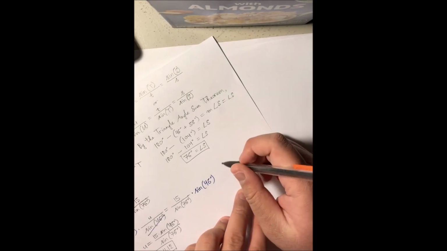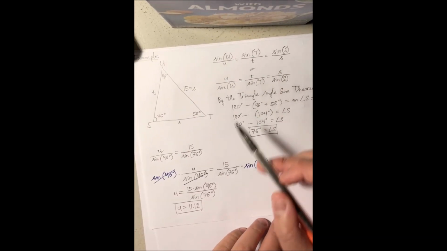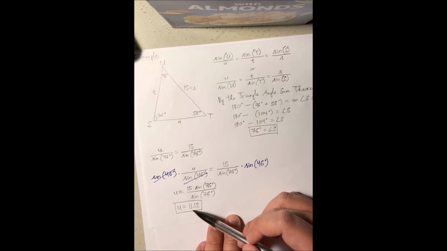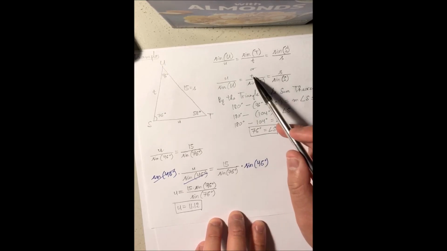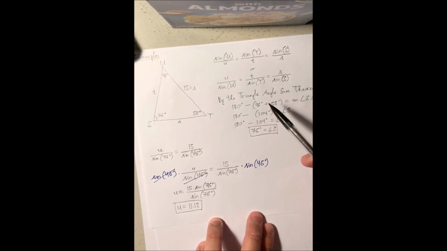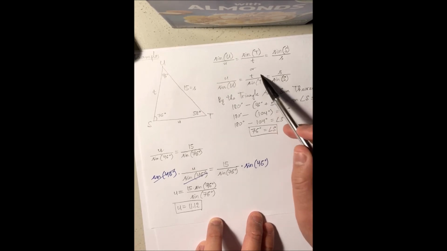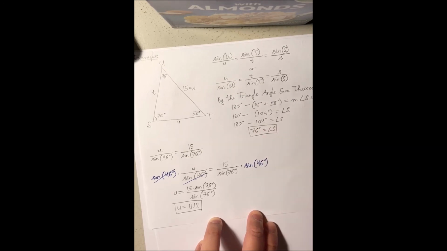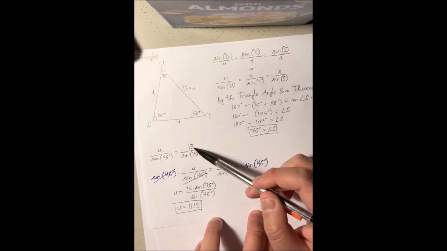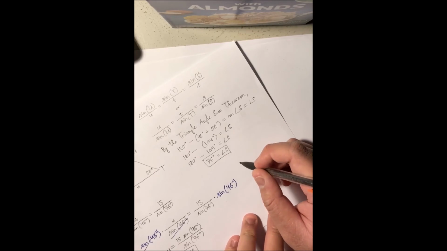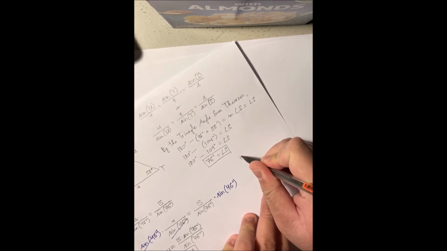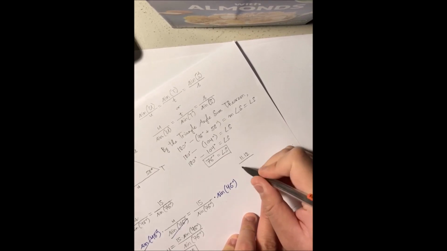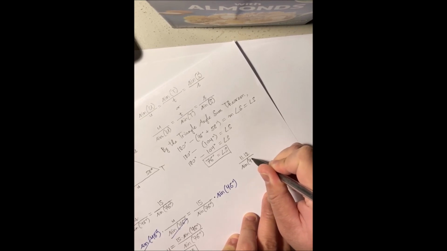Now what about the lowercase t? Well, just set it up the same way. Now that the lowercase u is known to be 11.12, I can evaluate the lowercase t by setting it equal to either the s ratio or the u ratio. Okay, so I'm going to pick the u ratio in this case because I already selected the s earlier. So I'm going to have 11.12 over sine of 46 degrees.